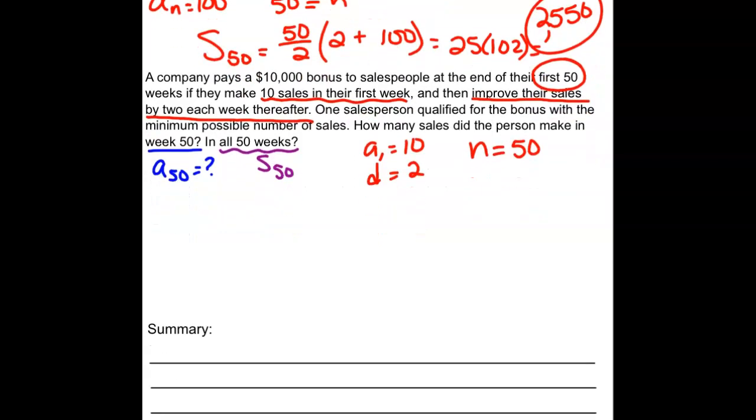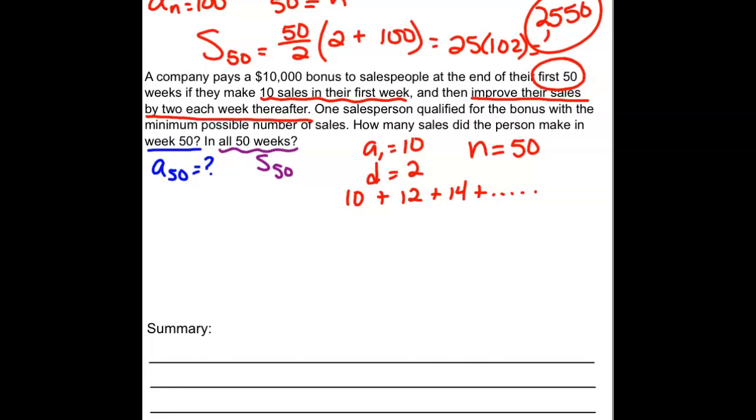So looking at our sequence of numbers, we start with a 10, we improve it by 2 each week. So the next week we would have to have 12, then 14, etc. What we have to figure out is how many did we make in that last week, A sub n, and then we can find the total for all 50 weeks. So we want to find A sub 50, the last number in my list.